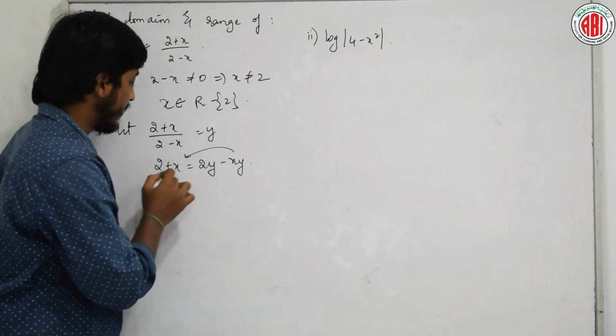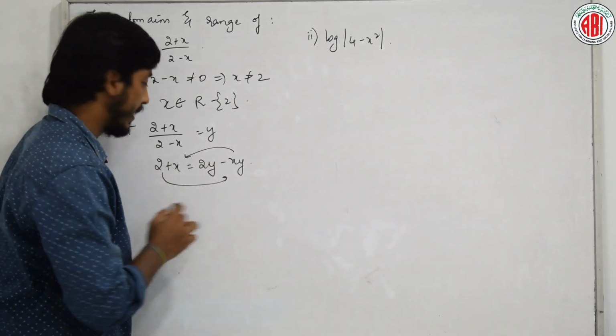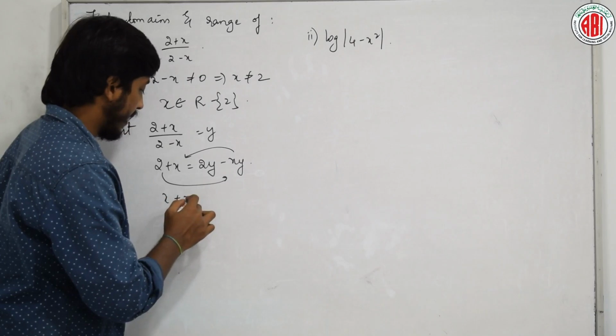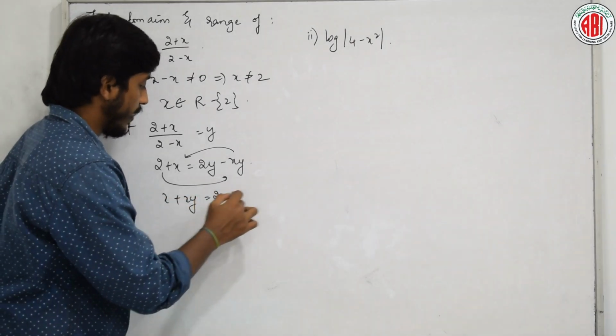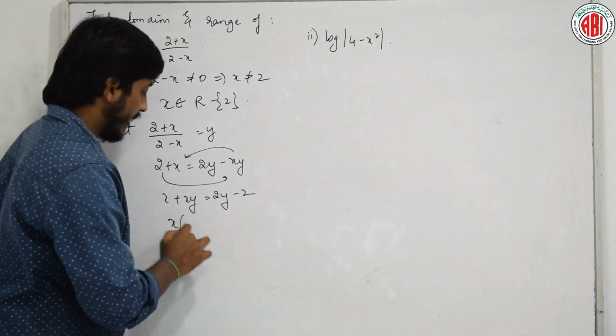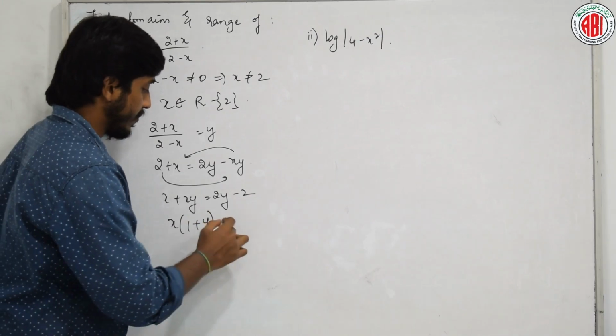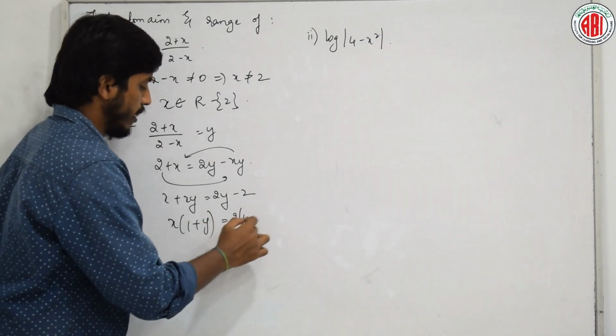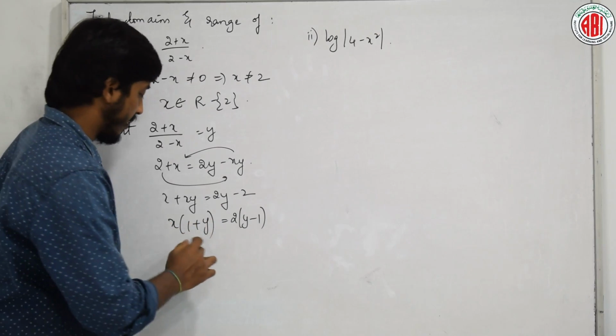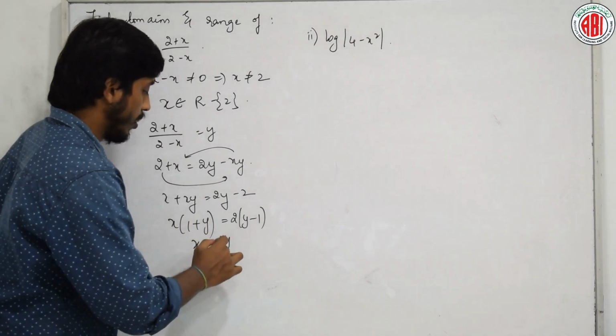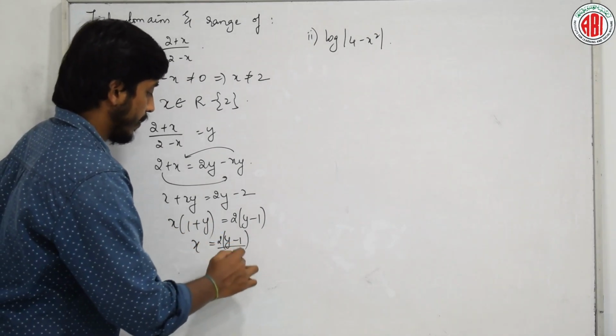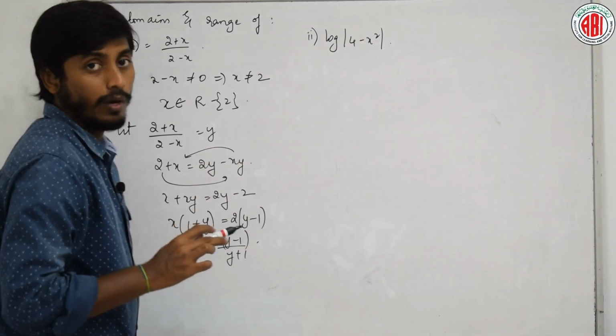Let us bring this x from this side to that side. That is, x + xy = 2y - 2. If I take x common, I will get 1 + y. Here it is 2y - 2. Therefore, x = (2y - 2)/(y + 1).